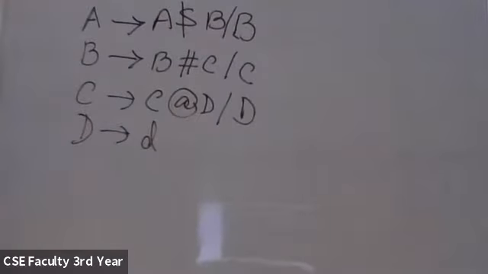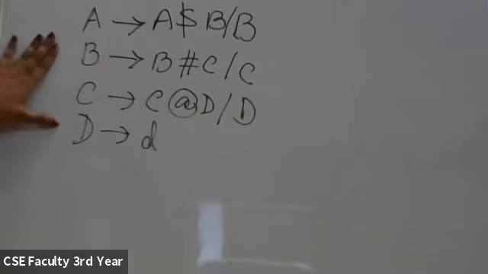So I have used random symbols, okay, so that you don't know the associativity and precedence of these symbols. So just from the grammar, can you tell me the associativity and the precedence of the symbols?